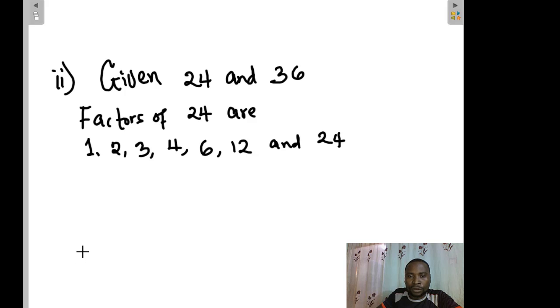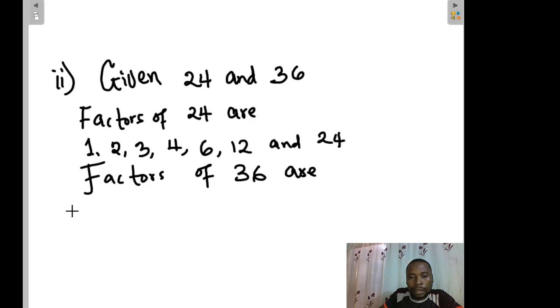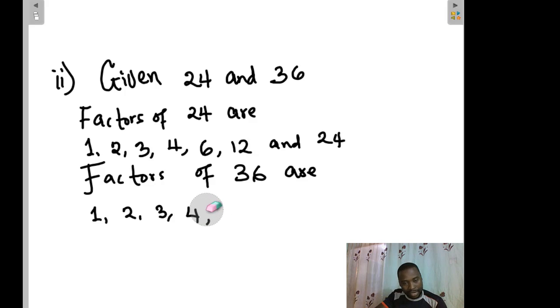And then factors of 36 are 1, 2, 3, 6. Oh, sorry, there is 4 here. 4 is a factor of 36 because 4 nines is 36.